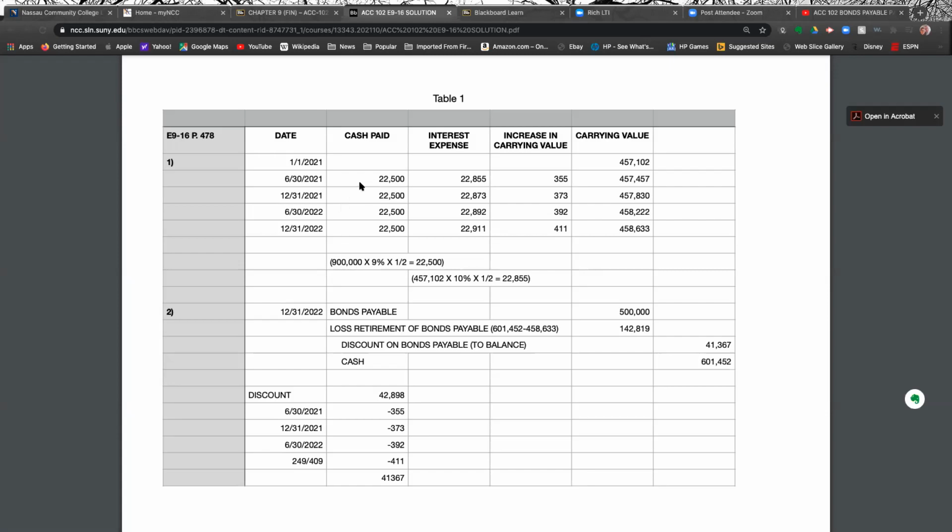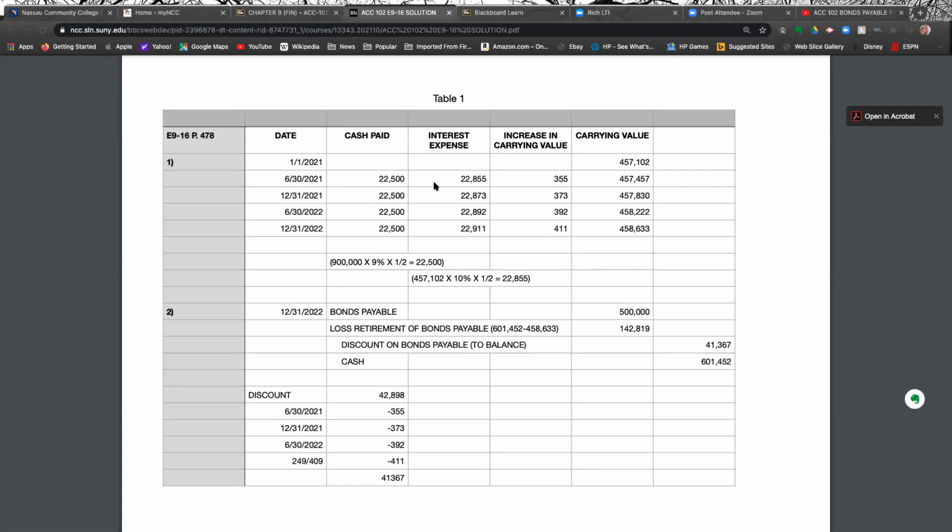So that's where that 22,500 comes from. Every 6 months, you were going to write a check or a series of checks that add up to $22,500 to pay interest. But paying interest is not the same as interest expense. It's not the same because we have this discount.